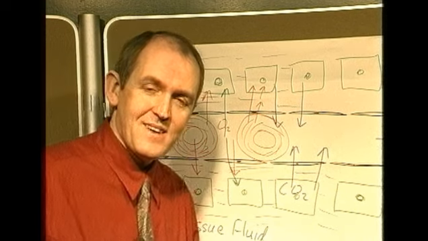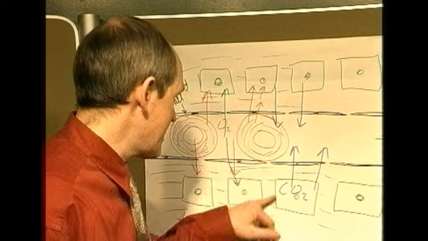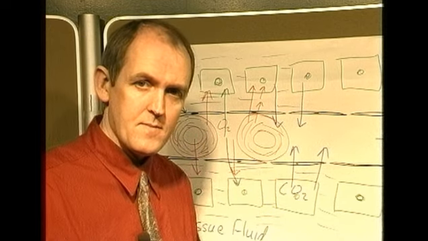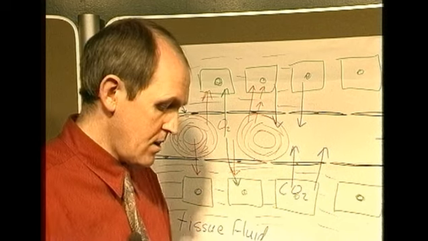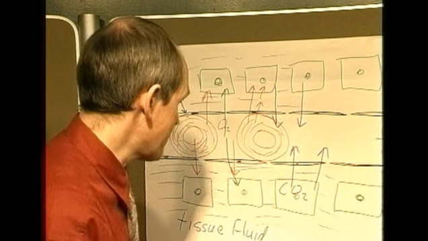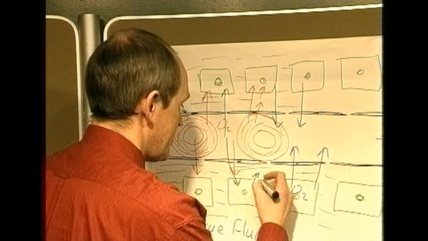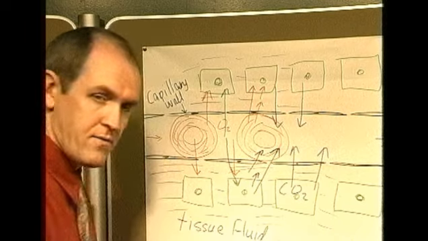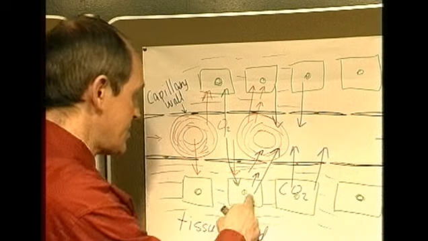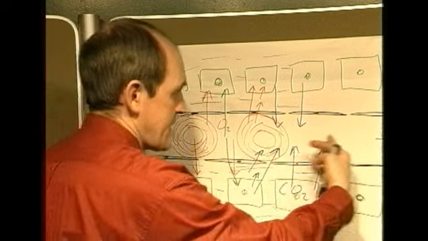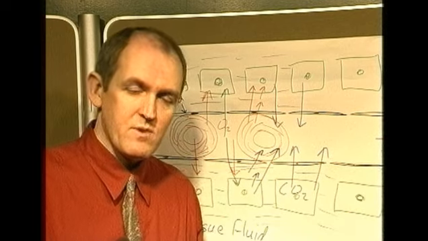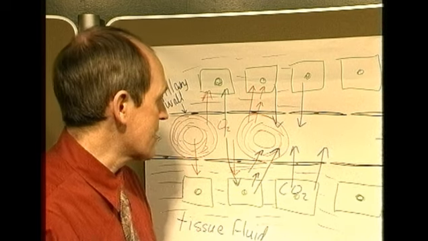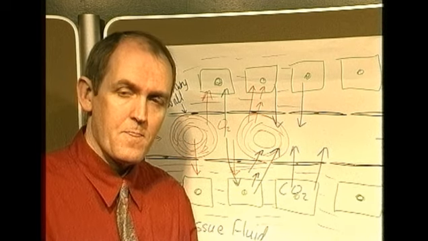Now, as well as that, these cells are also producing waste products of metabolism, often containing nitrogen. So there'll be diffusion of these waste products from the cells into the tissue fluid and back into the blood. So net diffusion of waste products of metabolism from the tissues back into the blood, where they can be taken away and processed by the kidney or the liver or whatever is processing that particular waste product.